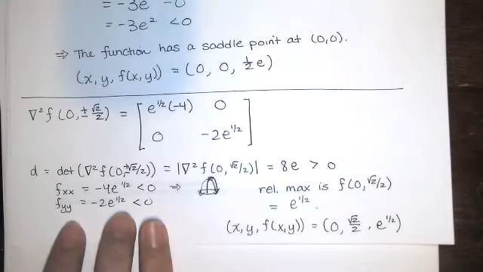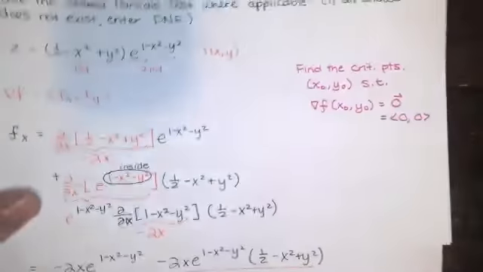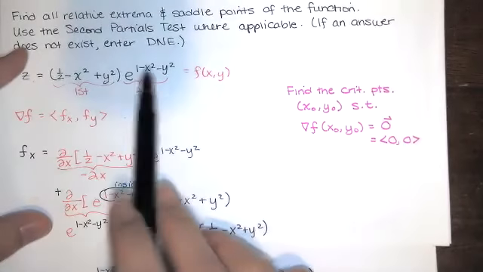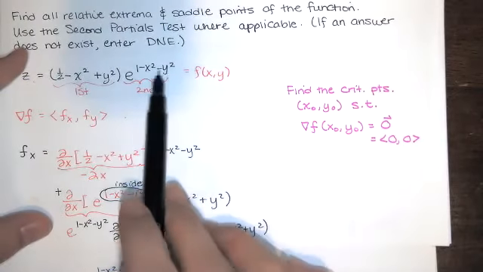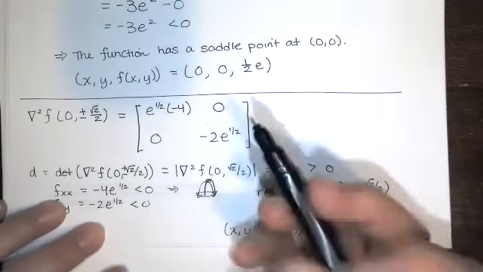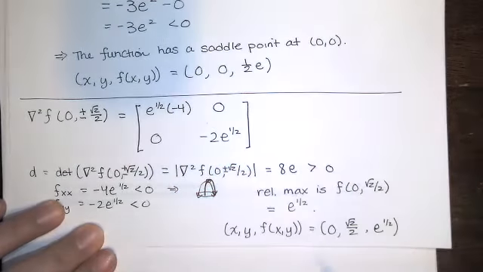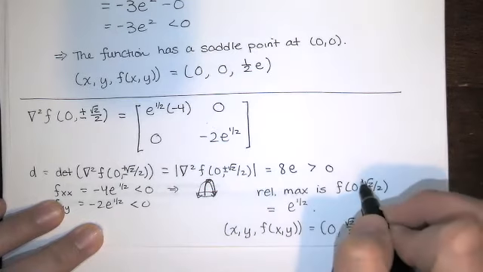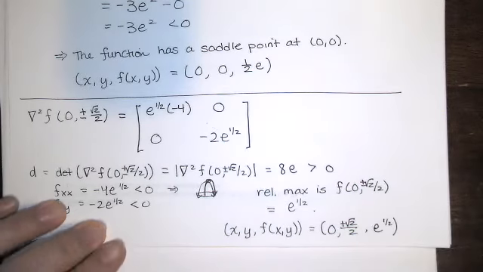And let's look at the original function. Notice the original function has a y squared in it and a y squared in it as well. There are no y's by itself. So everything is going to be exactly the same at negative square root of 2 over 2, even the z value.